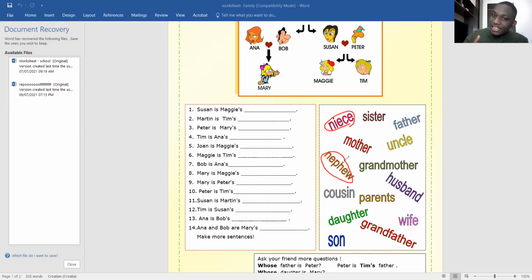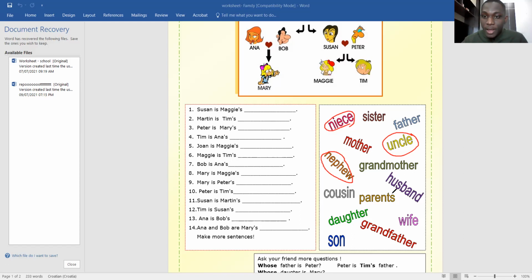So your niece is your lan sao and your nephew is your lan chai. Okay, good. Then number 2 is uncle. Uncle is lung. Okay, good.